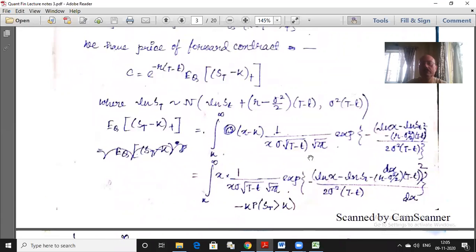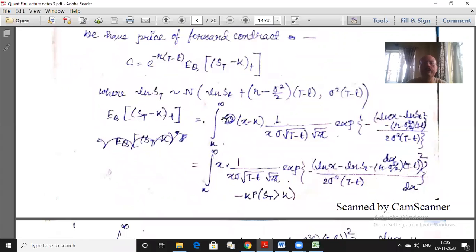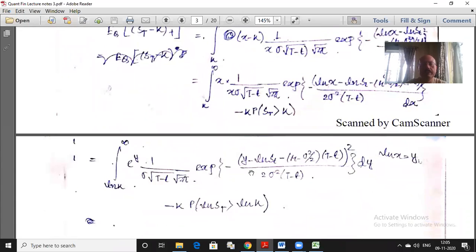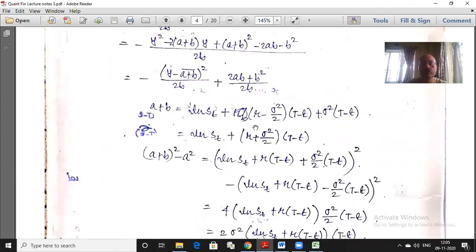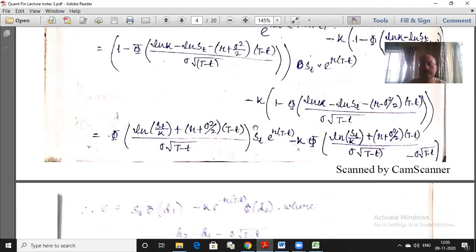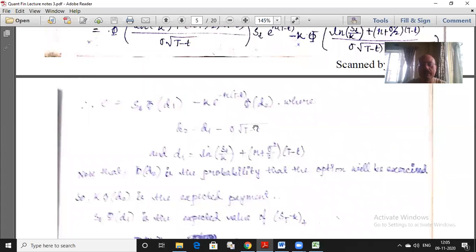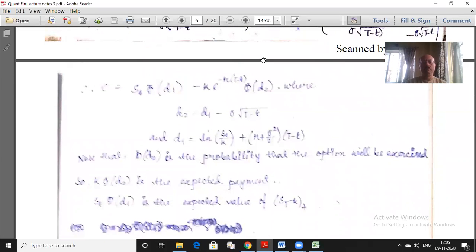So then, using the Black-Scholes, we can explicitly find out this expectation quantity here, which is the price of a call option. And then we will discount it, of course. So I will just show you the final result, because this is the calculation part of it. This has not come out very well, but probably you can just see this.